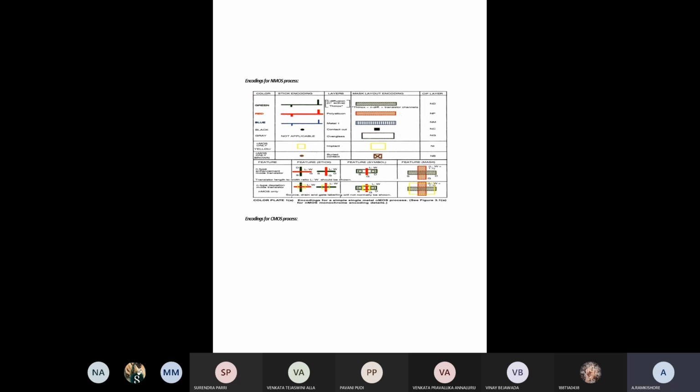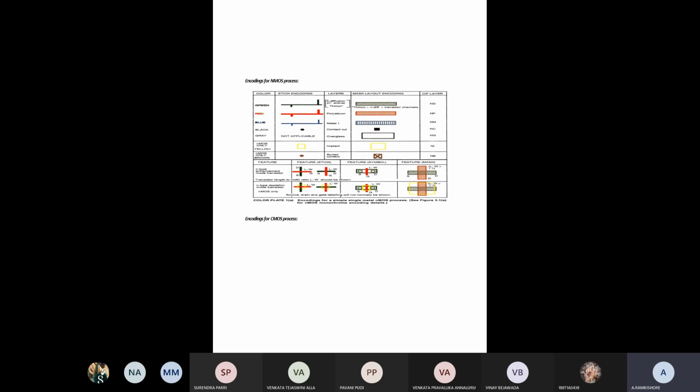Without the yellow line it is an NMOS enhancement mode transistor; with the yellow line over the crossing, it is a depletion mode transistor.